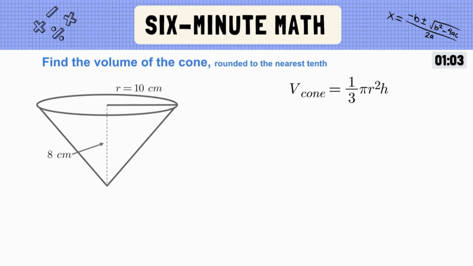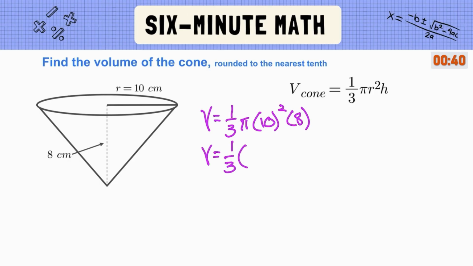Let's check out our last example here. We're going to find the volume of that following cone. We have a radius of 10, a height of 8. So we plug those into our formula. We have 1/3 pi times 10 squared times 8. Let's find the volume of that cylinder. Pi times 100, 10 squared times 8 is 2,513.2741.